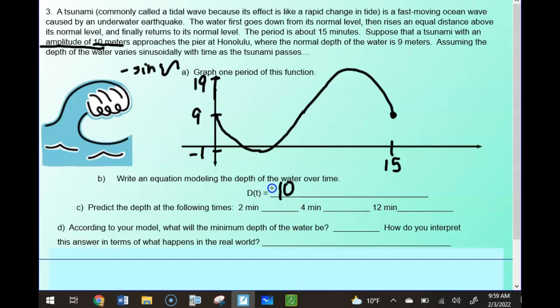Okay. So I'm going to put a negative on the amplitude because it's going to be a reflection, and then write sine. The next thing we put in our equation is usually the B value. What is our period? Period is 15, so B would be 2 pi over 15.